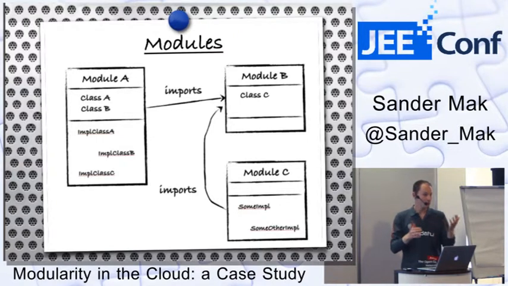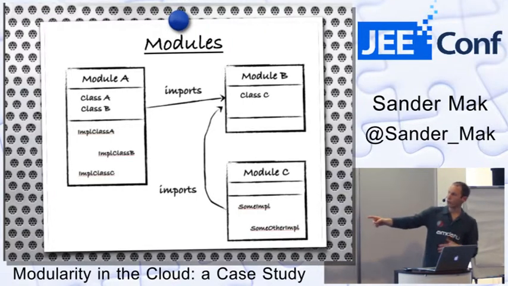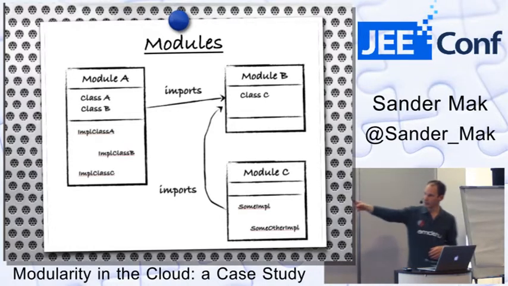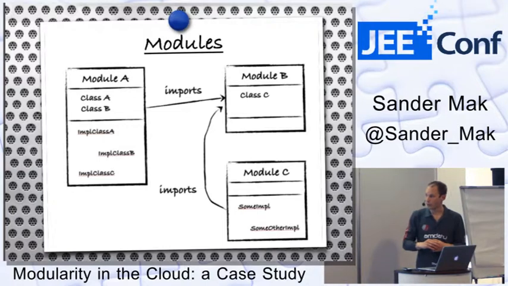If you want people to use things inside this jar, you have to explicitly export these packages. And you see here that you can also declare imports on different packages or different modules, and this is also at a package level. This way you can neatly hide your implementation classes inside the jar and only expose your public classes.